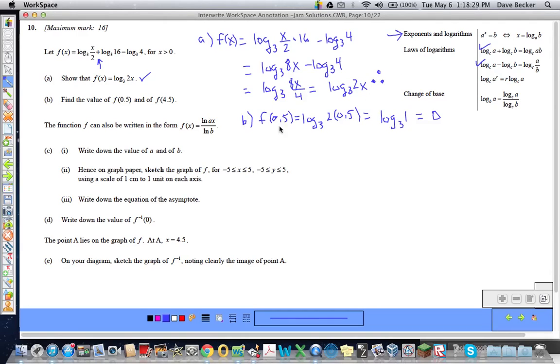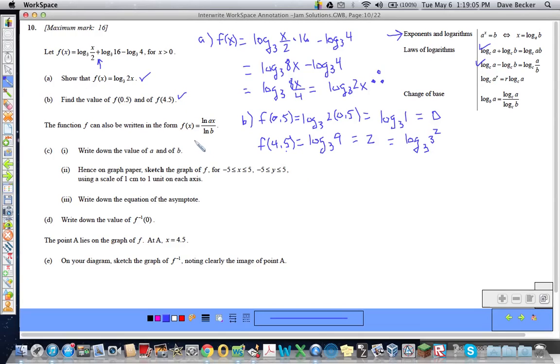F of 4.5 would be log base 3 of 2 times 4.5, which is log base 3 of 9, which is equal to 2, because 3 squared equals 9. If you don't see that, maybe you can see log base 3 of 3 squared, and if you have the same base as what you're taking the log of, it's equal to the exponent. So done with that.